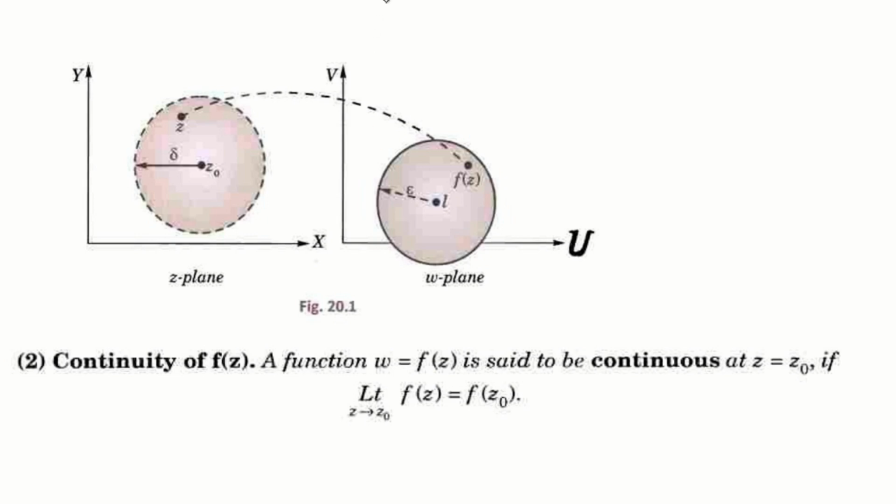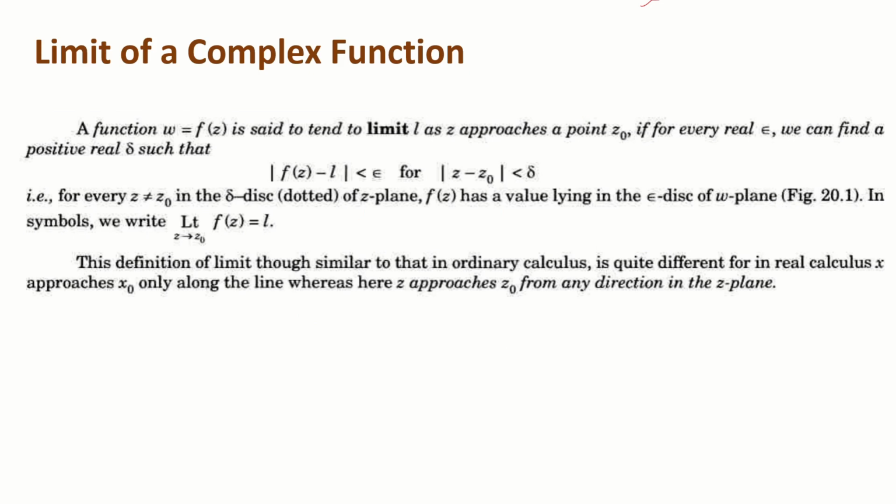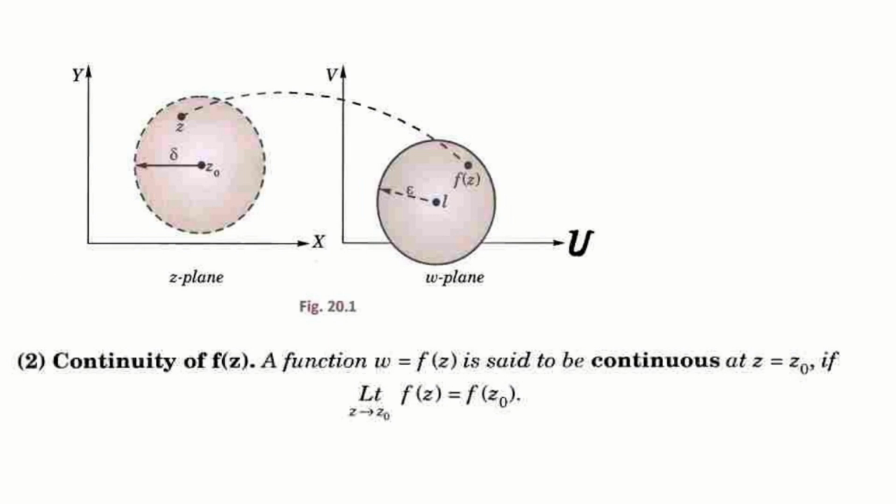What I would do is use limits: limit x tends to a of f of x, and I would check if the value of this limit and the value of the function f of x at the point a are the same. If they are the same, then this function would be called continuous.